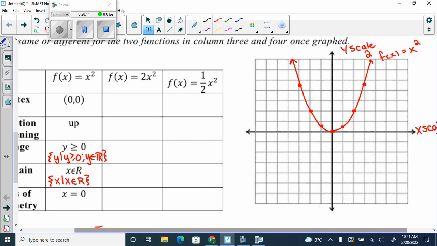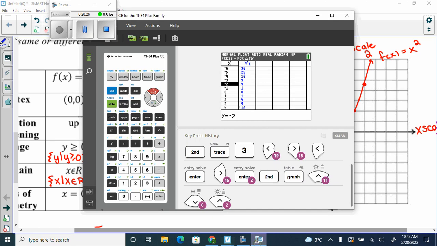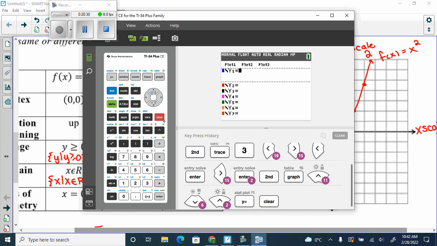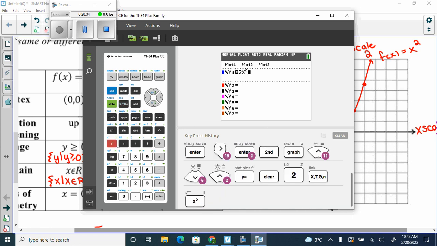Now I want you to type into your calculator. So go to your y equals, clear it out, and type in 2x squared. Then press graph.